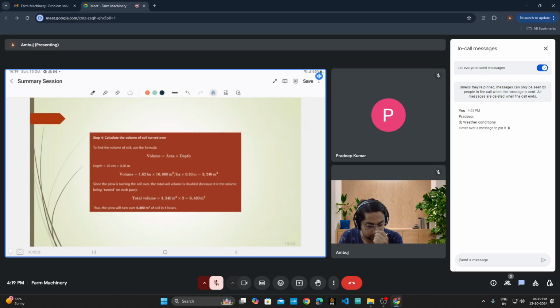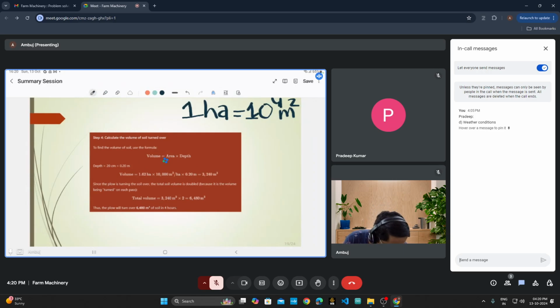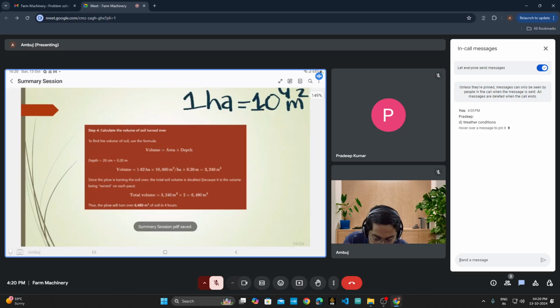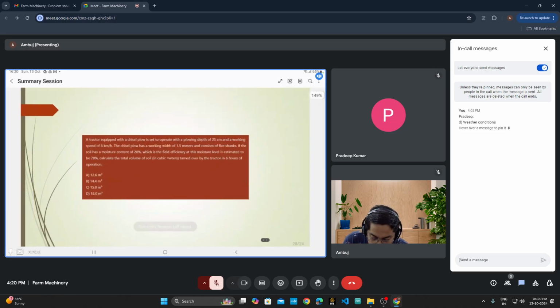I'll just write it down: 1 hectare equals 10 raised to power 4 square meters. That is what is written here. The writing got somewhat hazy, that is why I have already written it in this slide. Okay, moving to the next question.